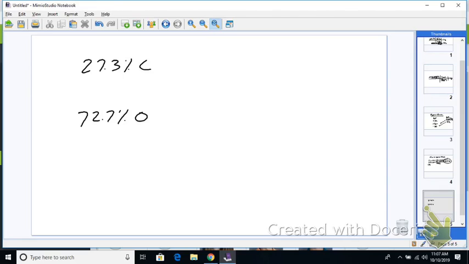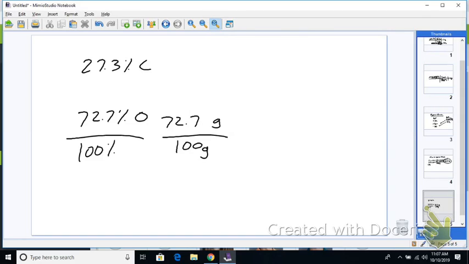So what we're going to do is take those percentages, and the first thing we're going to realize is this adds up to 100%. So 100% of its mass is made up of both carbon and oxygen. That's the only thing in there. So if I write 100 grams down here of this compound, how many grams are oxygen? 72.7 grams.